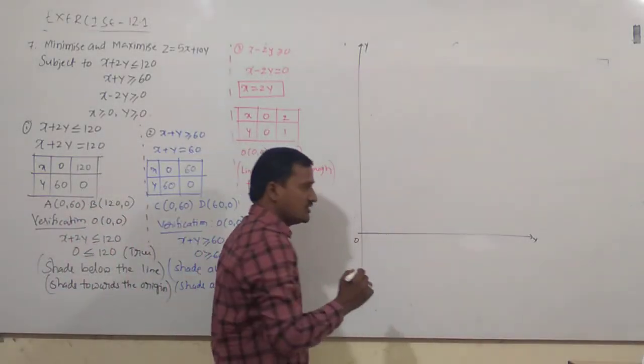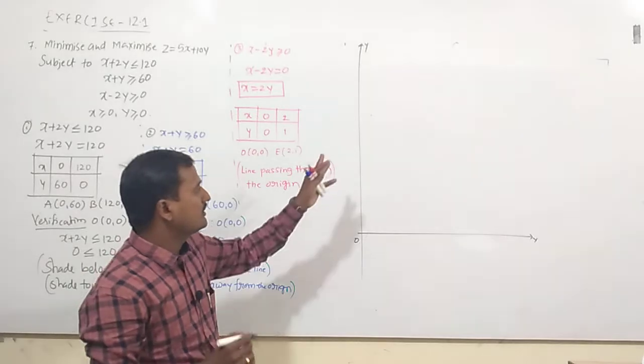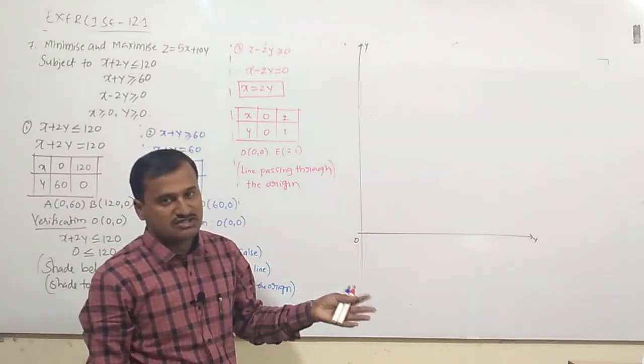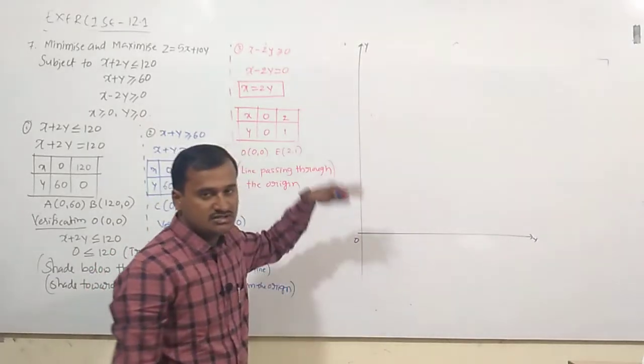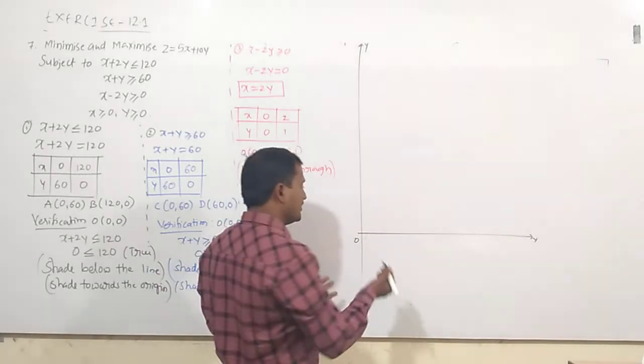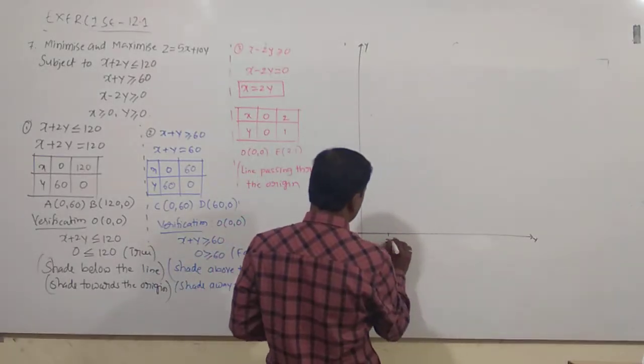While drawing the graph, you have to write the scale: along the x-axis 1 centimeter equal to 20 units, and on the y-axis 1 centimeter equal to 20 units, depending on the values.